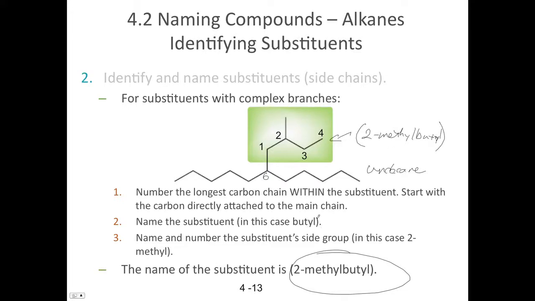So what is the entire name of this whole thing? I'll draw it up here. This is on carbon number 6. This guy here is going to be 6-(2-methyl butyl)undecane.